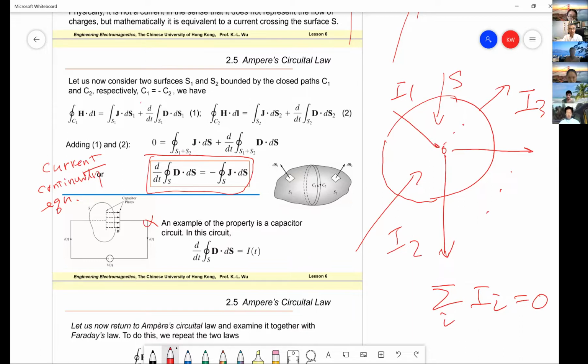If we didn't introduce displacement current, you will find all these laws contradict each other, right? So if Maxwell didn't find it, maybe someone else would have found it anyway, because people had already found all the rest of the things, right?